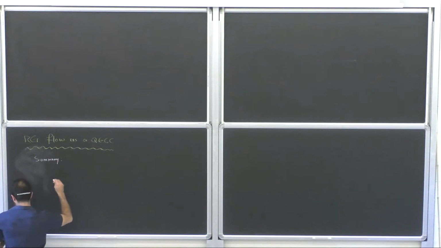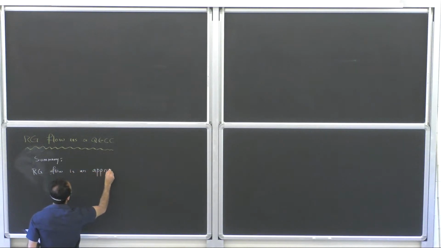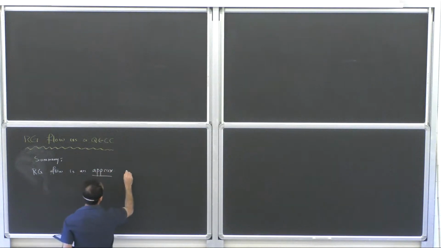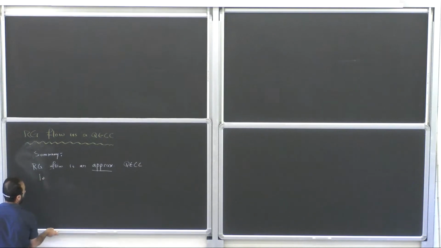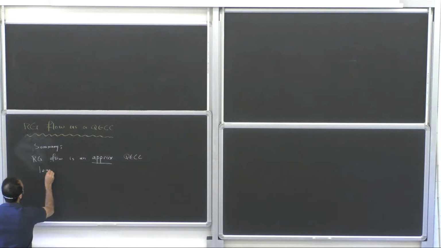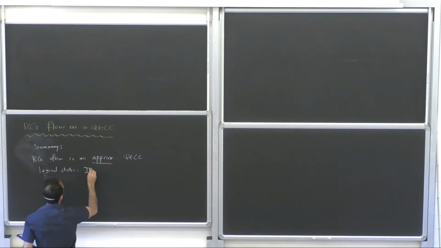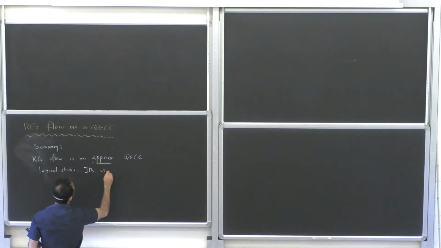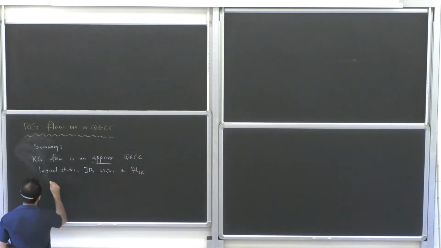The summary of what I'm going to say is this. Renormalization group flow is an approximate, this is important, quantum error correction code in which the logical states are the infrared states, that they belong to some sort of infrared Hilbert space.